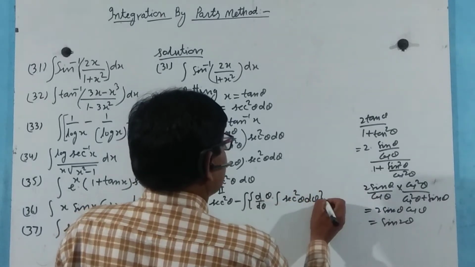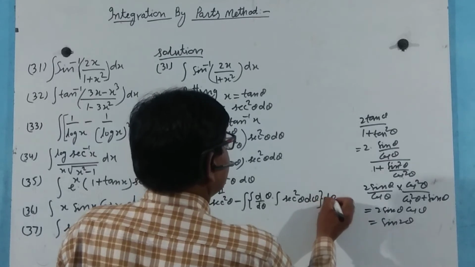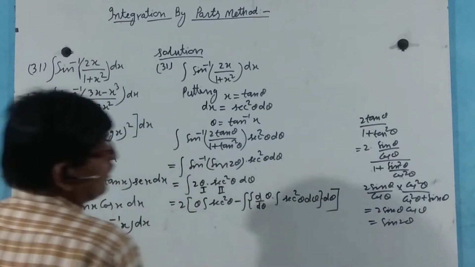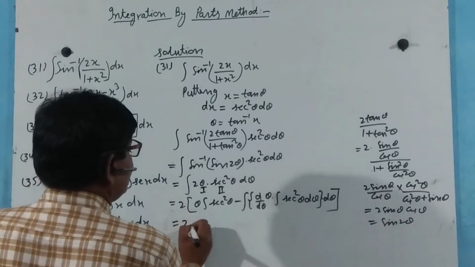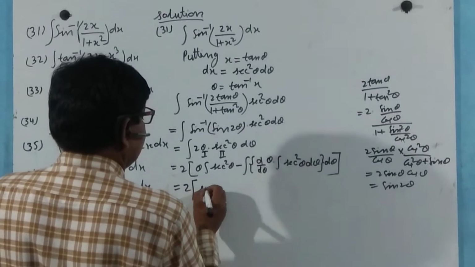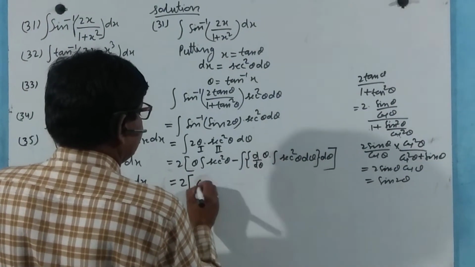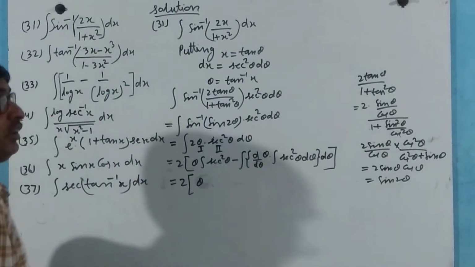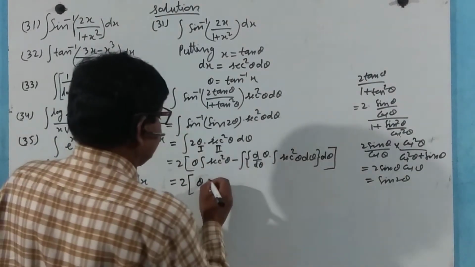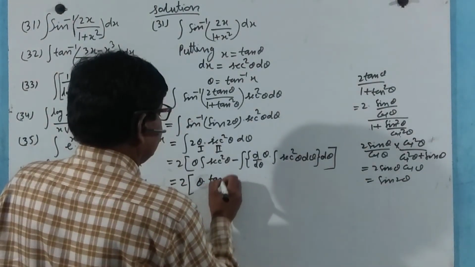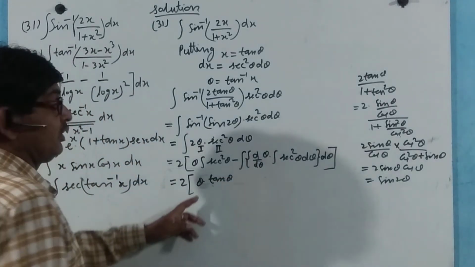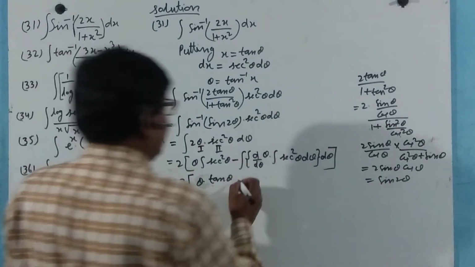Now the integration of sec square theta is tan theta, because differentiation of tan theta is sec square theta.